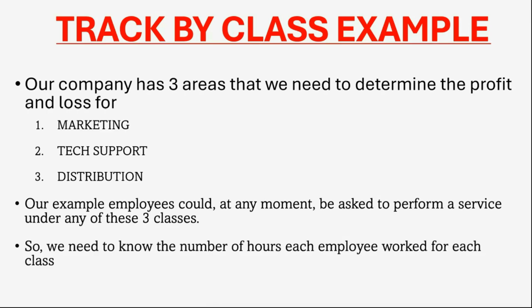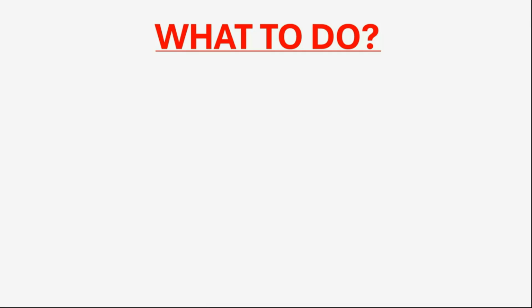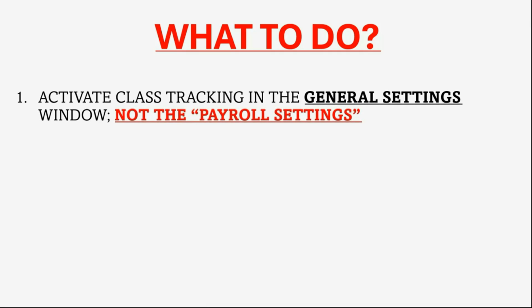So we need to know the number of hours each employee worked for each class. So what do we need to do to set this up? Well, the first thing we need to do is to activate the class tracking in the general settings window, not the payroll settings window. Let's do that together.